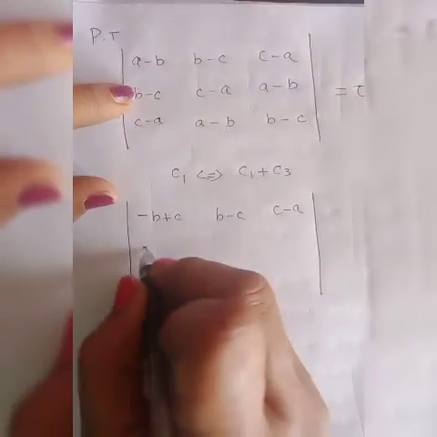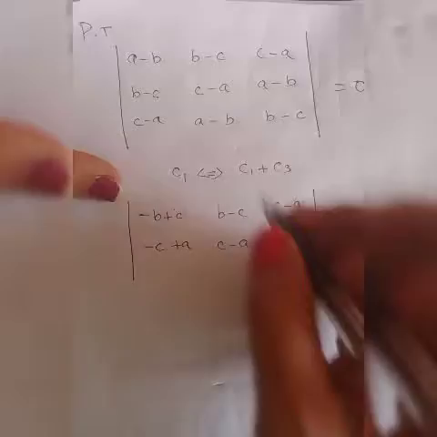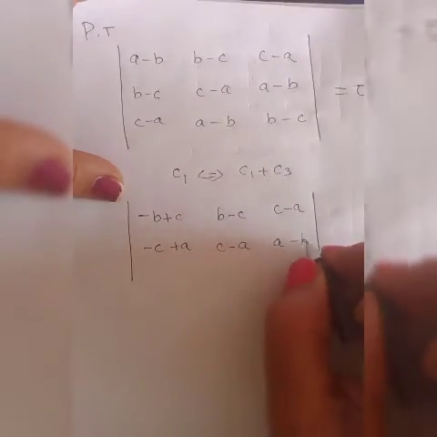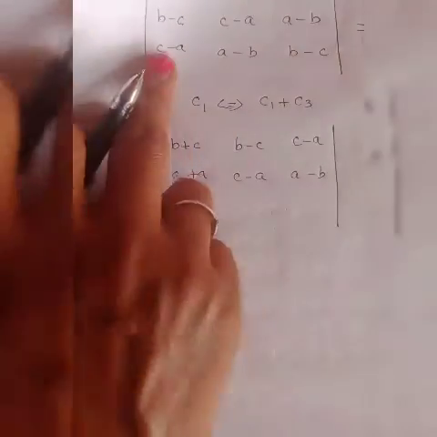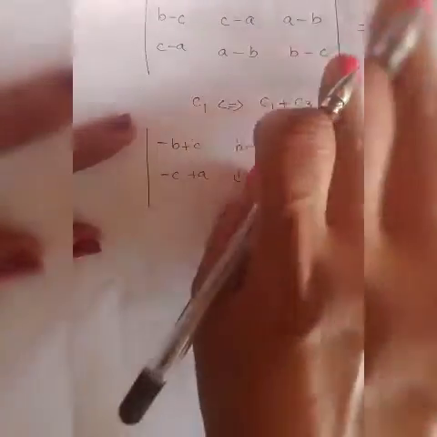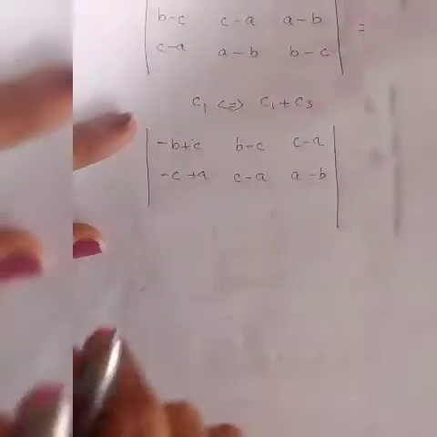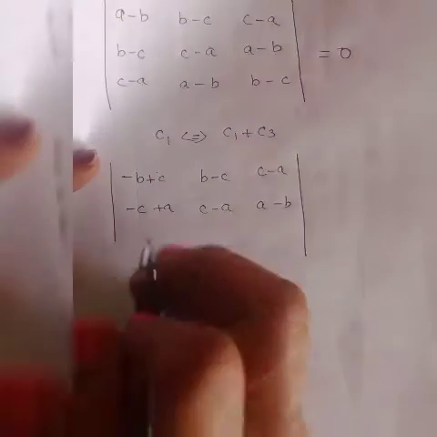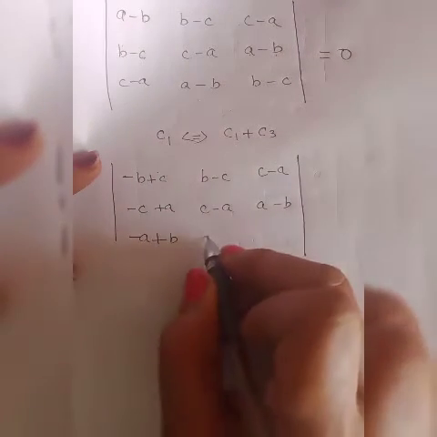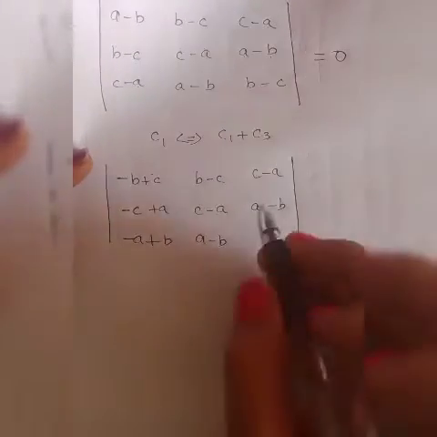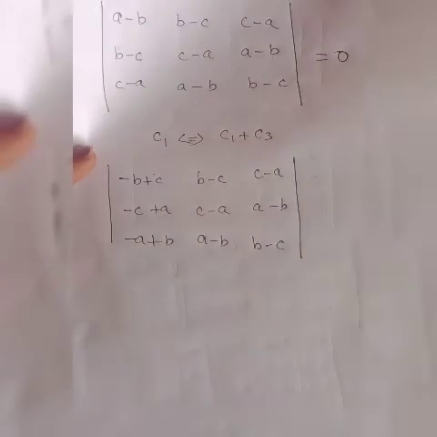So I have minus c plus a, and I write c minus a as it is, a minus b as it is. Then in the third row, in column C1, I add C1 and C3 and put it in C1. If I add these two, minus c plus c will get cancelled, so that I get minus a plus b, a minus b as it is, b minus c as it is.